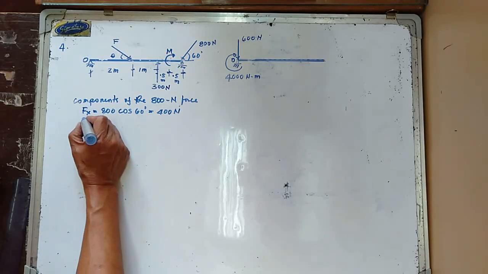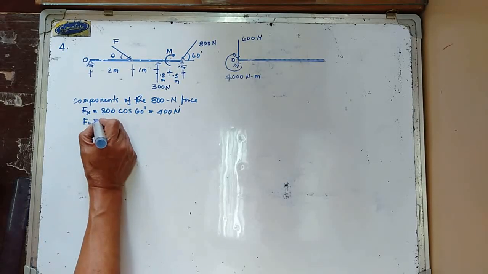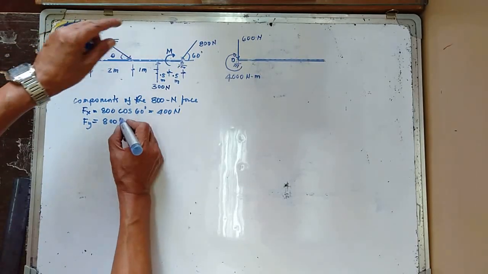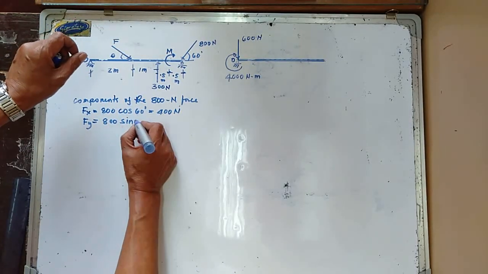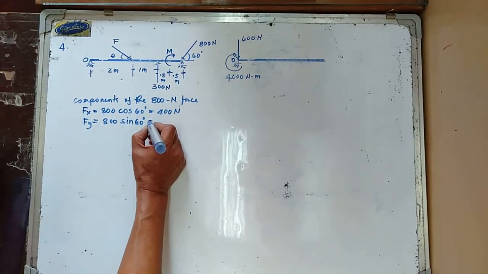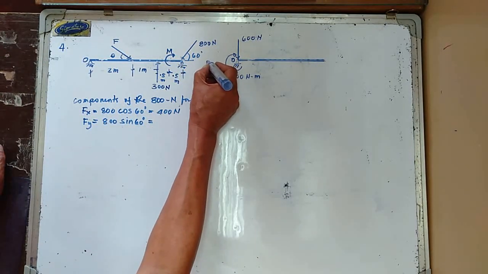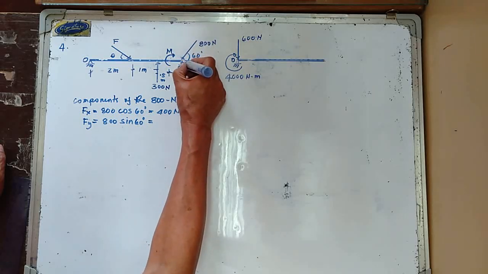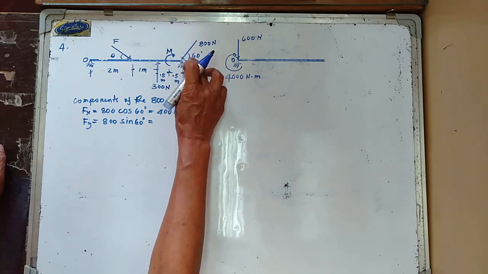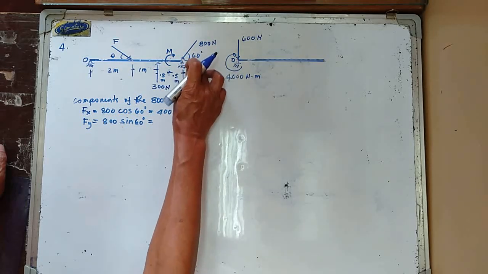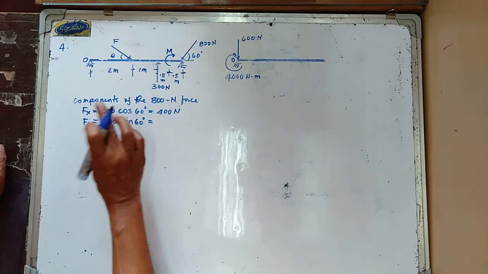And then Fy is equal to 800 sine of 60 degrees. That is the x component, and we have the y component. The x component is included in the x-axis, so we have cosine.